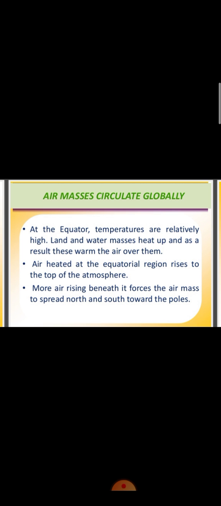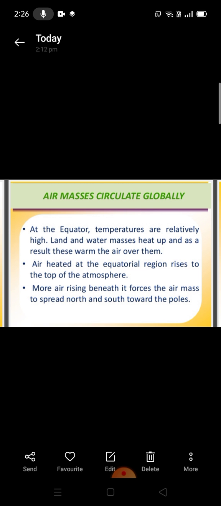So air over the land quickly heats up, whereas the air over the water bodies or oceans takes a long time to become warmer. तो होता क्या है कि land, the air that blows over the land quickly heats up or becomes warmer, and starts blowing toward an upper direction or to the higher region. Is that clear? And as soon as they reach the higher region, they are deflected.